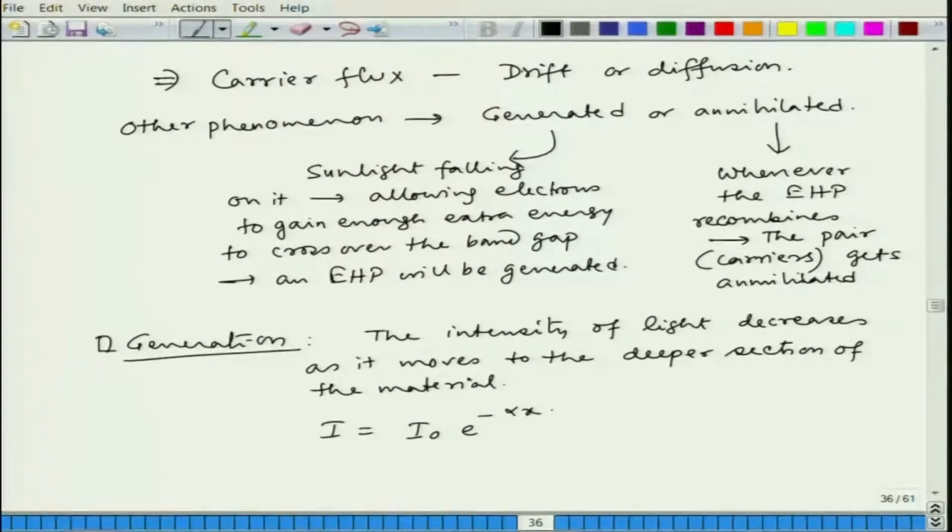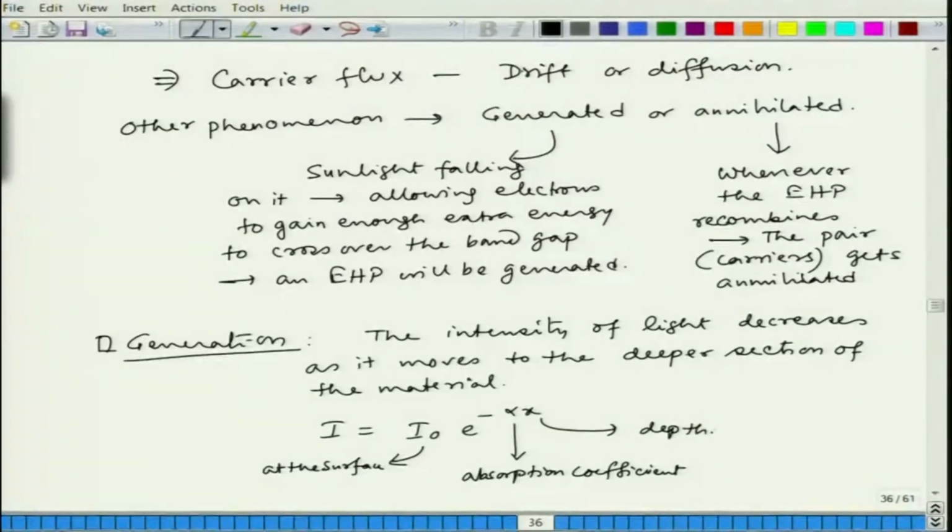Okay. So, this is the value at the surface, and this alpha is called the absorption coefficient, and x is the depth. That is how the intensity will decrease.